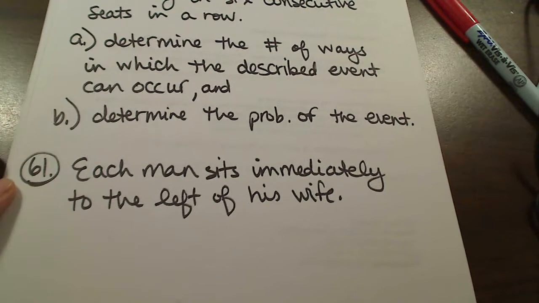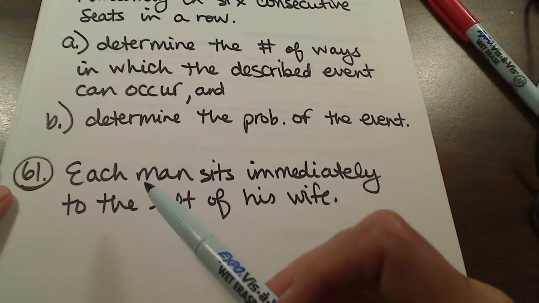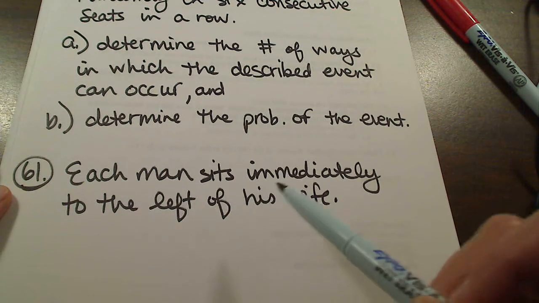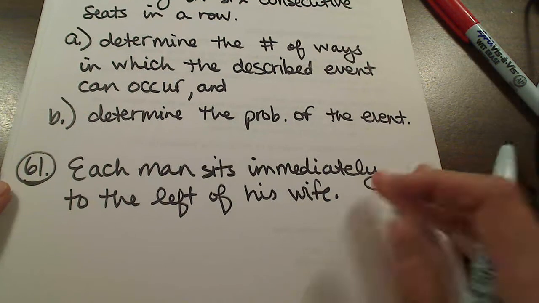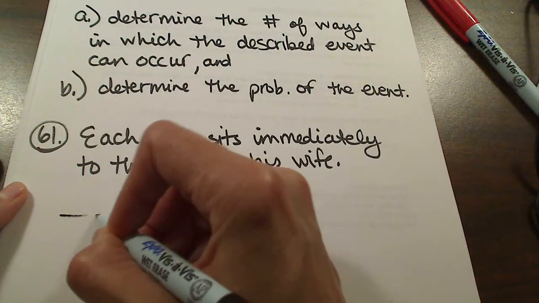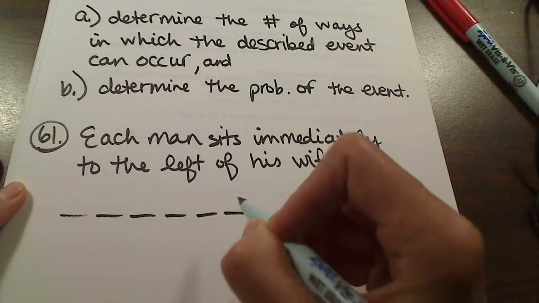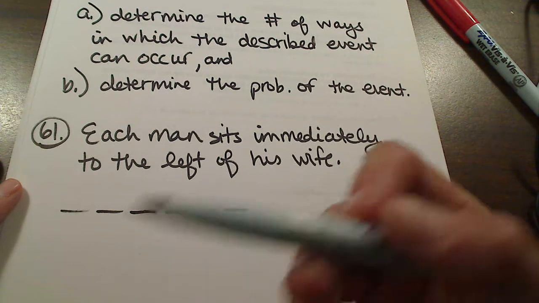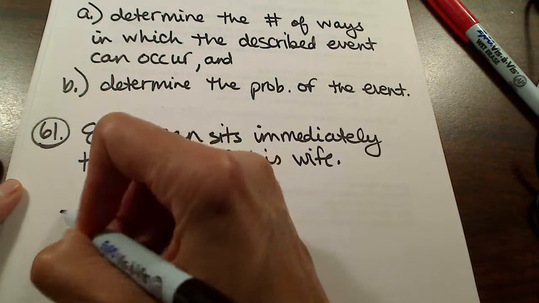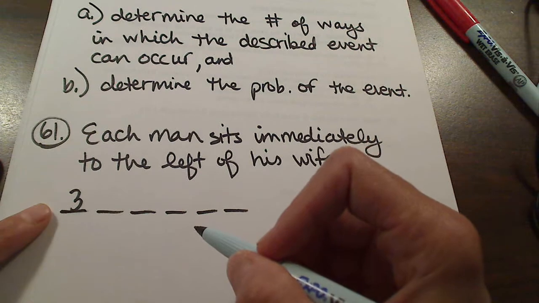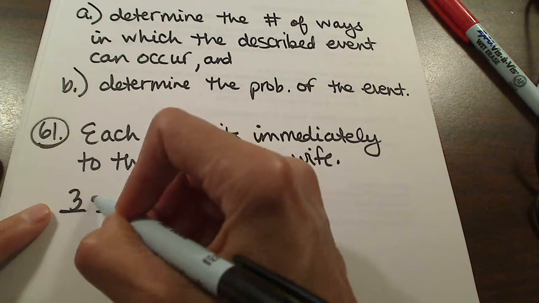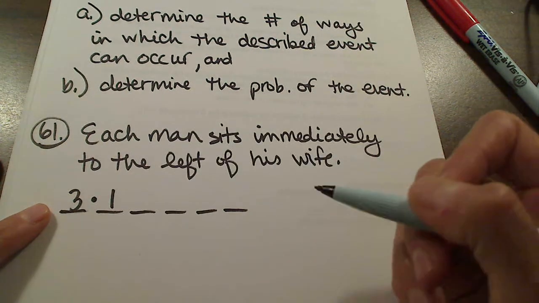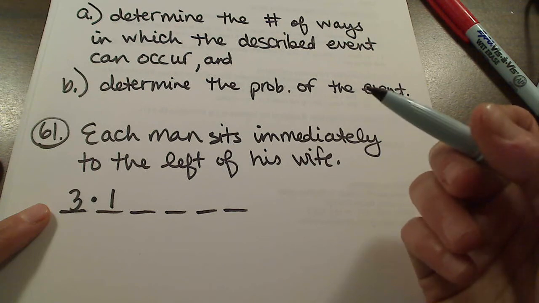So anyways, for 61, the situation is each man sits immediately to the left of his wife. We've got 6 people, and we're assuming that's 3 married couples. If we gave ourselves 6 slots, and think about how we place the husbands, there's 3 ways to place the initial husband. What's going to go next to that husband is his wife, and there's only one choice on that.